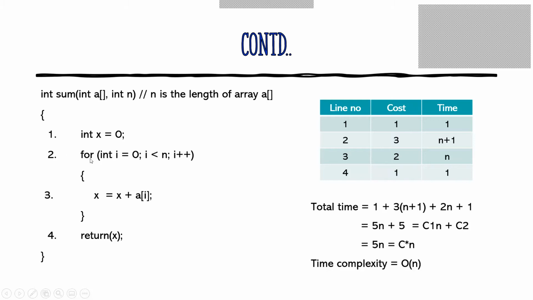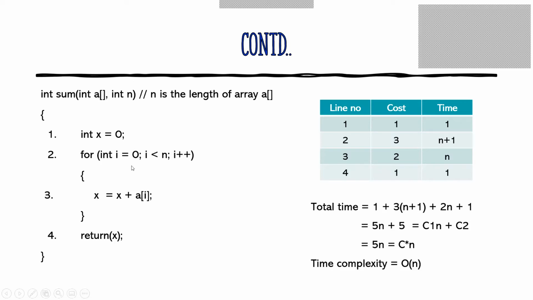I already mentioned that each of your operations, starting from arithmetic operations, then comparing, increment, assignment, any kind of operation, will take 1 unit of time, and return will take 1 unit of time. So how can we calculate it? Suppose I am giving numbers to each of these instructions.